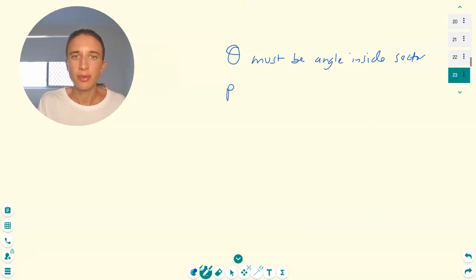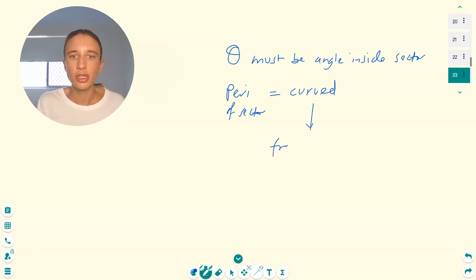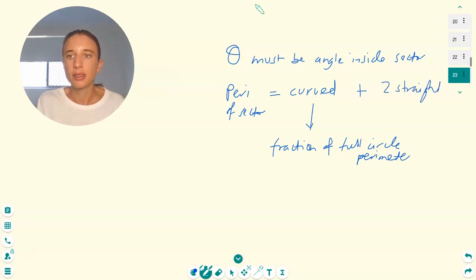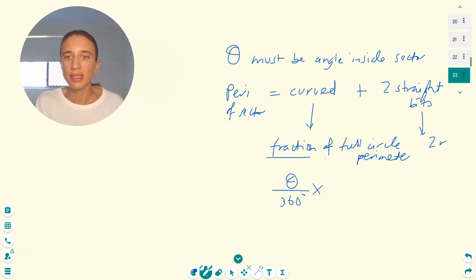We can say perimeter of sector equals curved, which is a fraction of full circle perimeter, plus the 2 straight bits, which is 2r. Fraction means number of parts over the total. Of means times. Full circle perimeter, well, that's circumference.